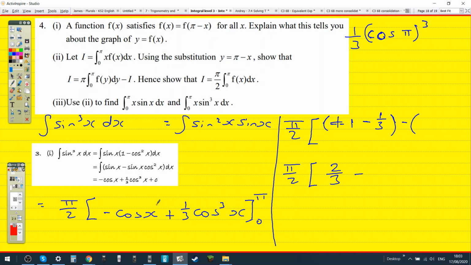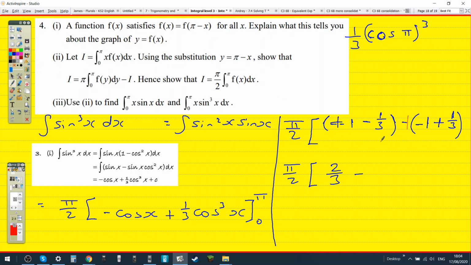And then sub in 0. So cos 0 is 1. So that would give you -1. And then cos 0 cubed is also 1. So 1/3. Okay. And so what I'd do is I'd expand that second bracket using -1. That's another way to subtract it.